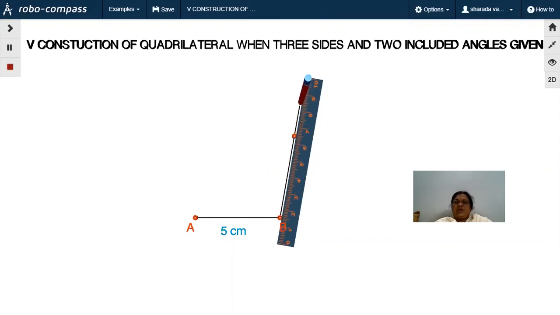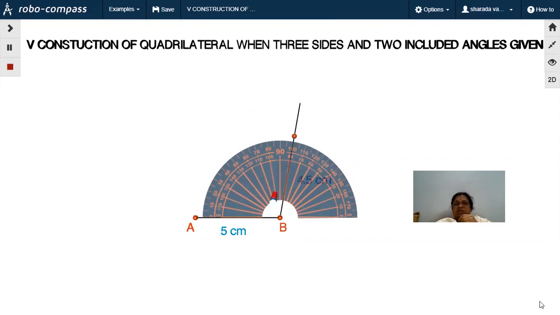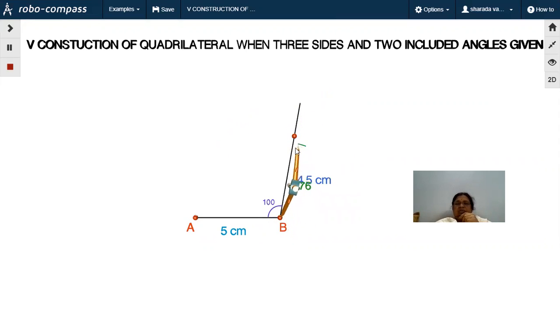This one you cannot draw with a compass, that is why you have to take it with a protractor only. Now with center B and radius 4.5 centimeters, you have to draw an arc. When you measure the angle, that is also 100 degrees. So with center B and radius 4.5 centimeters, draw an arc and locate the point. Let that point be C.